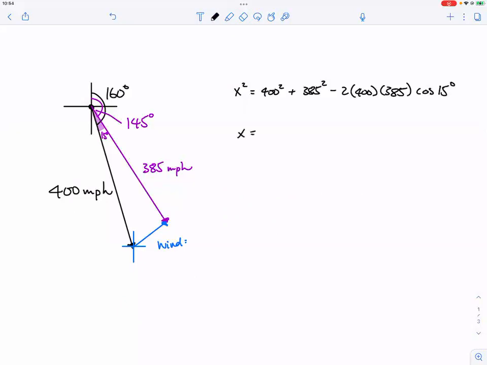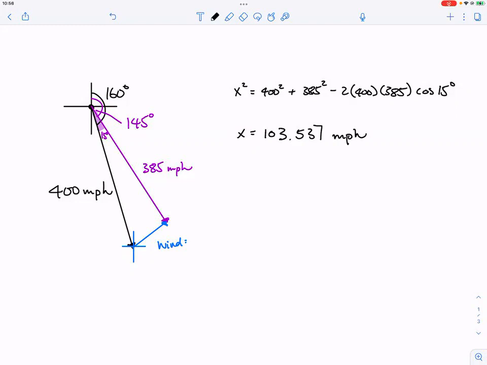Okay, so I'm going to let you find out what x is. If you put everything into your calculator correctly, you should get the wind speed at 103.537 miles per hour. Yes?